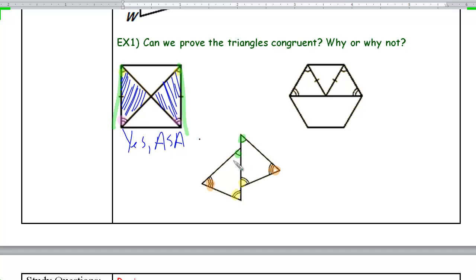So if I were going to write this, that would be an angle, angle, angle. And AAA is not a method of proof. It is, however, a method to prove similarity. These 2 triangles would be similar, but we'll talk about that in a later chapter. So these ones, using the methods we have, and we have 5 at this point, cannot be proved to be congruent.